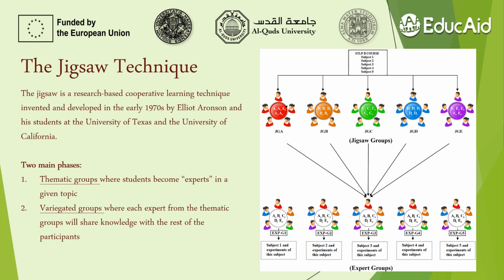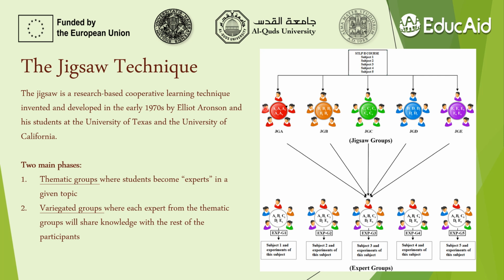The first phase, as you can see here on top, is to identify a given topic and divide this topic into, let's say, five areas, five subjects. Now you need to create groups and assign to each group a subject.